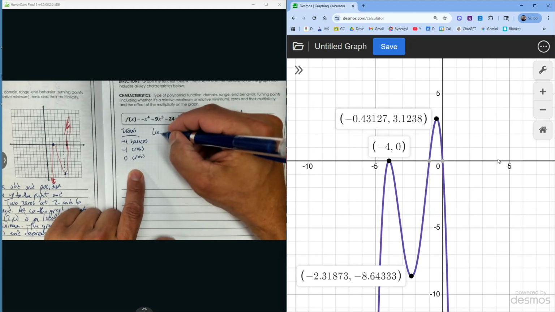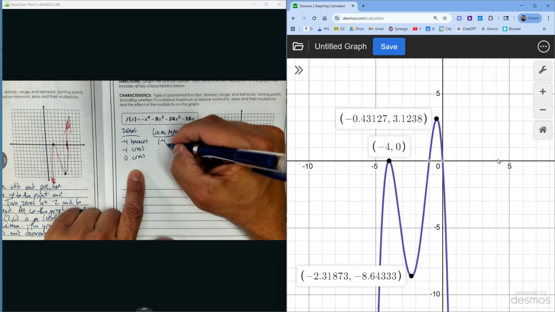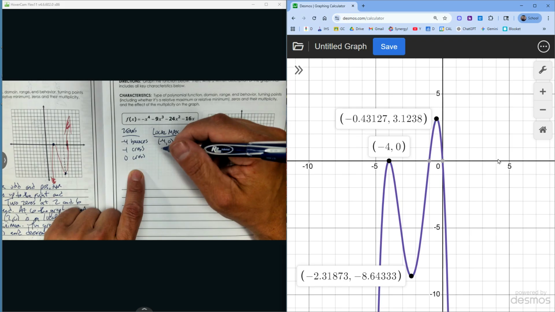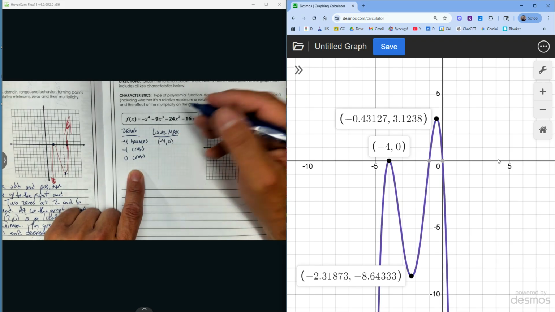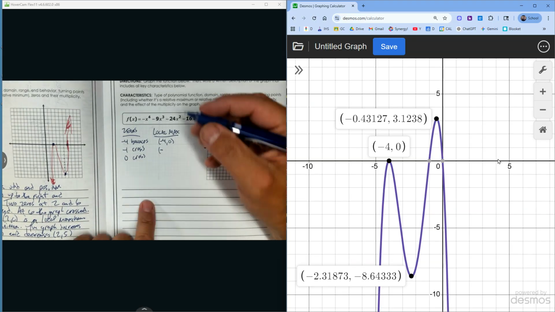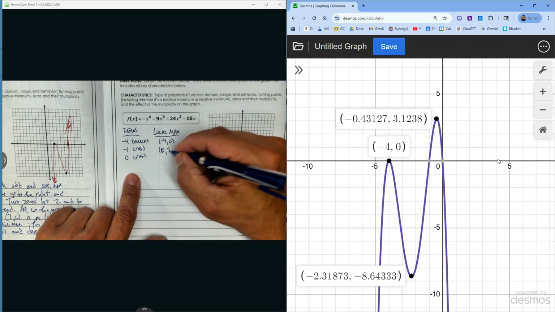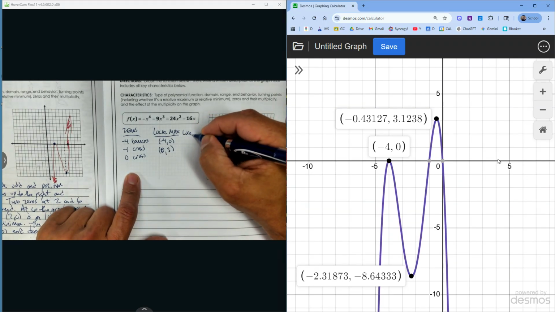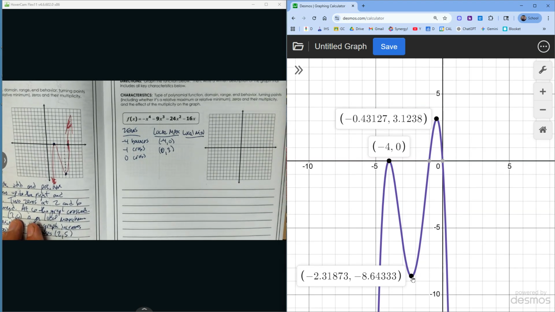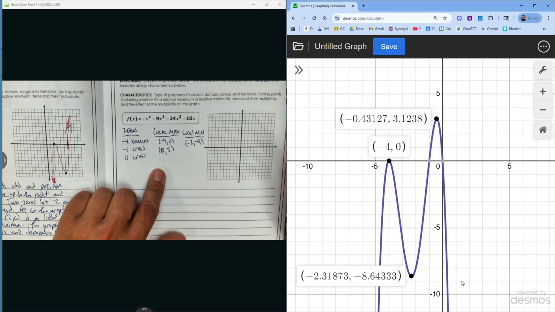So we have a local max at negative 4, 0. And then I'm going to make that a friendly number. So we have another one at like negative 0.4, so might as well call it 0.3. Just before 0.3 is another maximum. A local minimum is down here, and it's negative 2, negative 9, just to make it a friendly number.